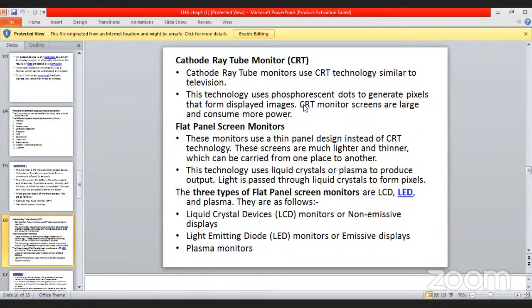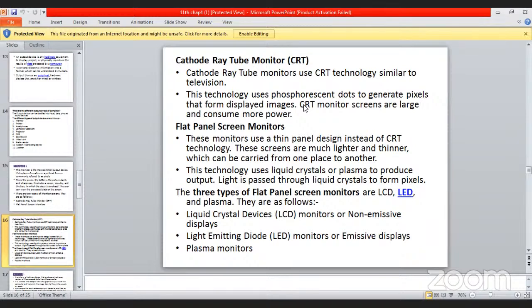This technology uses liquid crystals or plasma to produce the output, so that light passes through the liquid crystals to form pixels. There are also three subtypes of flat panel screen monitor: LCD, LED and plasma.